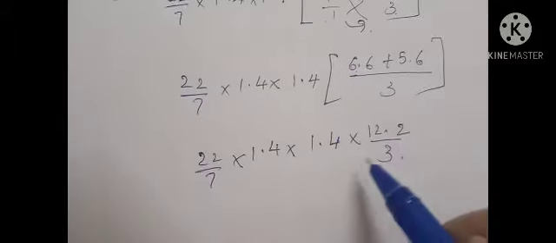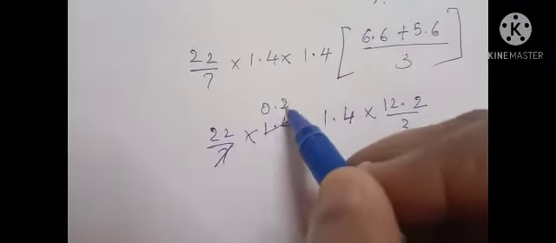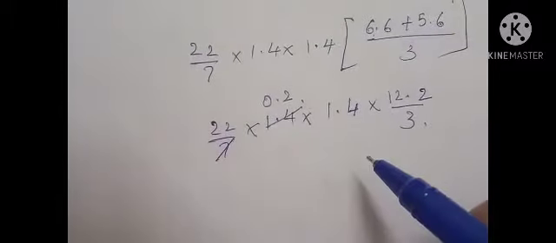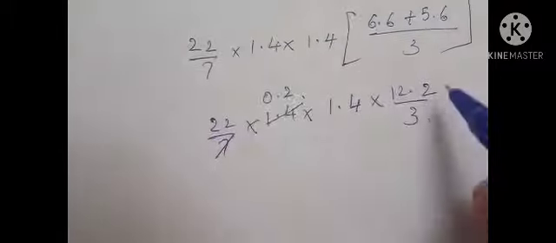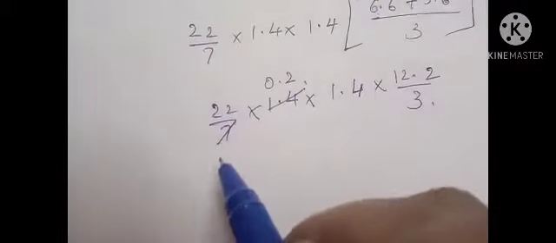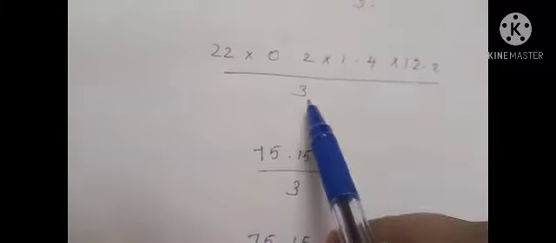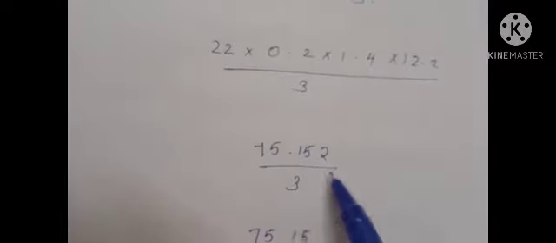Then we can simplify this if we can. So here this 7 and 1.4 we can cut, then we will get 0.2. Now no other numbers can be divided by 3. So we have to multiply all these and get the answer as 22 into 0.2 into 1.4 into 12.2 by 3. That is equal to 75.152 by 3.